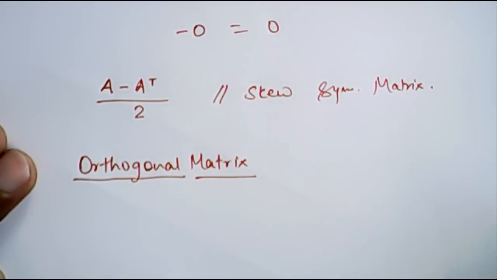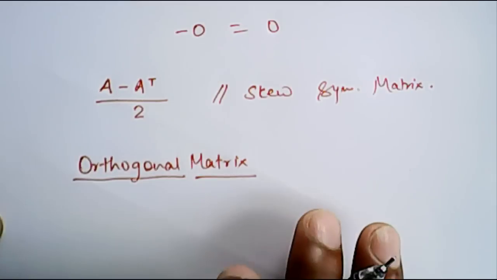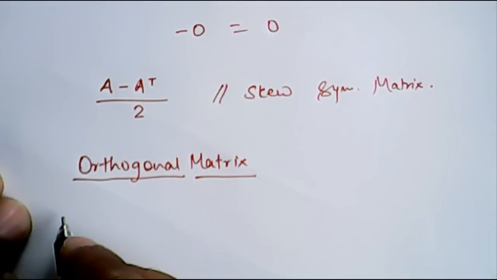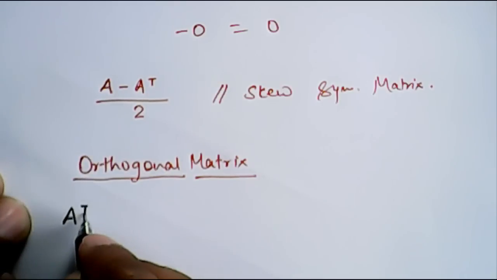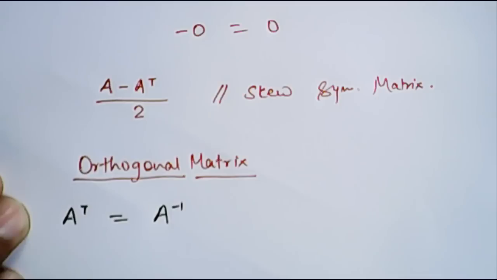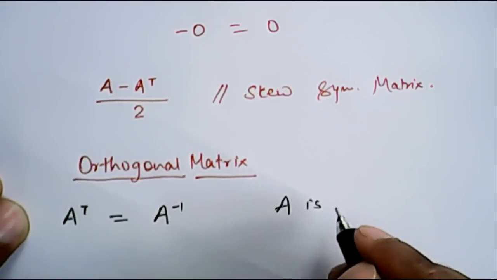Orthogonal matrix has rather more importance than these two, because as per definition, if the transpose of a matrix A is equal to A inverse, then we say matrix A is orthogonal.